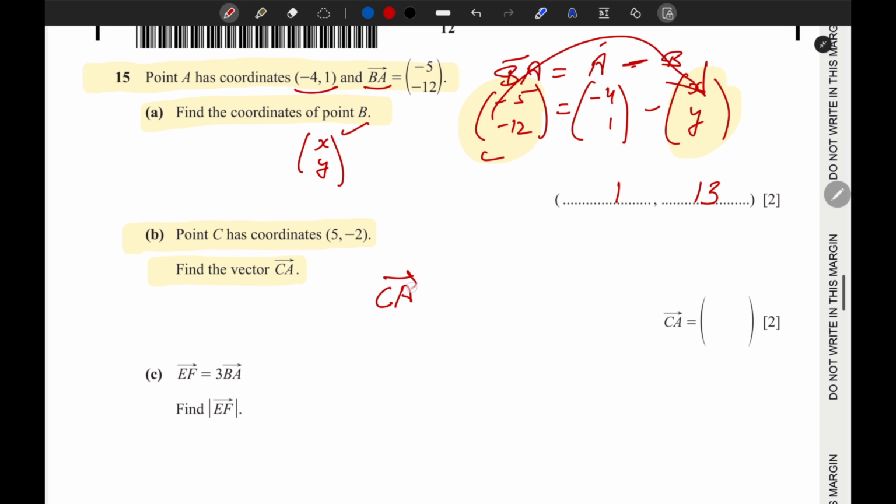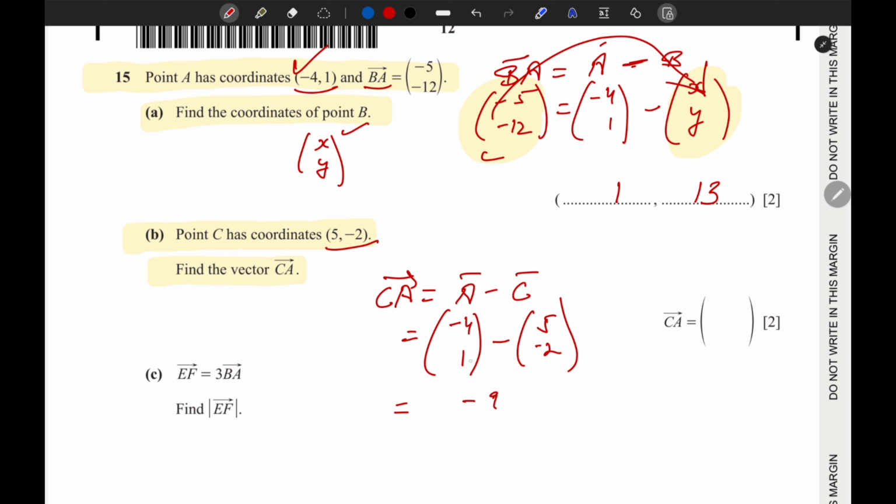CA will be again the position vector of A minus the position vector of C. So A is again -4, 1, minus the coordinates of C, which is 5, -2. So -4 minus 5 is -9, and 1 minus -2 becomes +3. So -9, 3 will be the answer for this.